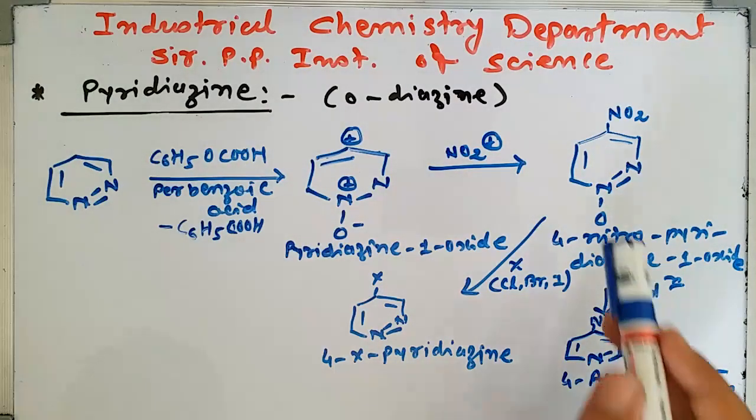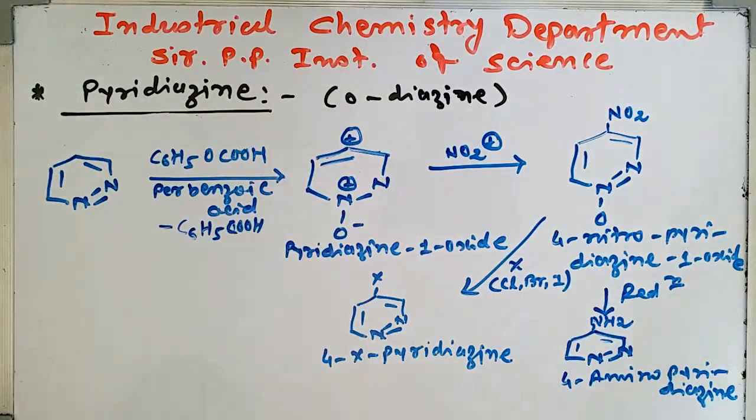Various compounds, nitropyridazine, aminopyridazine, and 4-chloro, 4-bromo, 4-iodopyridazine, are obtained. So these are very important chemical properties of pyridazine.